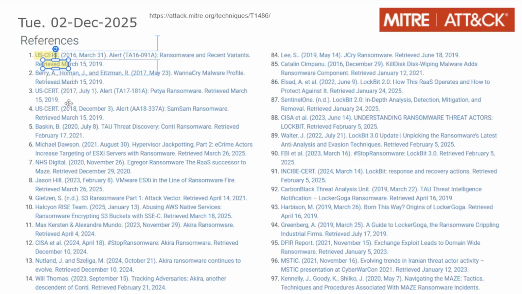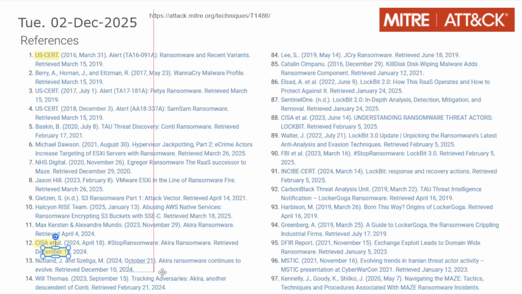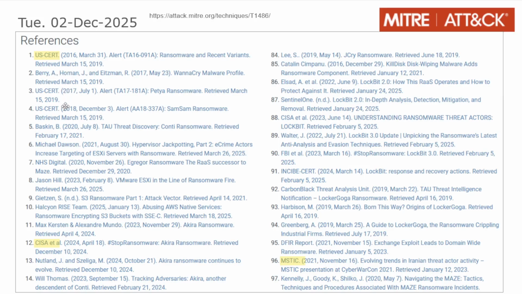Then, not surprising, we see CISA again, another US agency, multiple times. Then we have Microsoft, this MSTIC group, a threat intelligence group. Who else do we see here? US CERT oftentimes, Sentinel One we see here, okay.